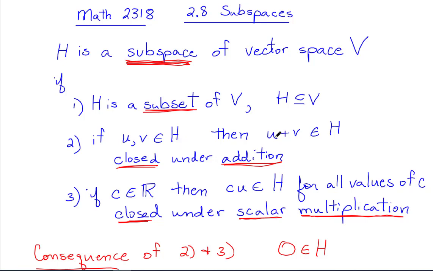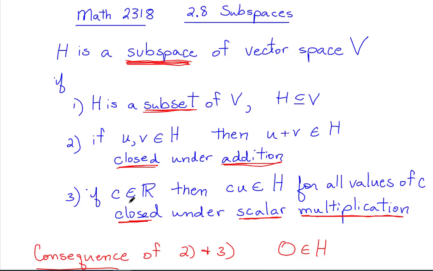and if I combine them using the addition operation, if that sum is still in the space, we say that the operation is closed under addition. So that has to be true for all U and V in H, that all combinations are still in the space.